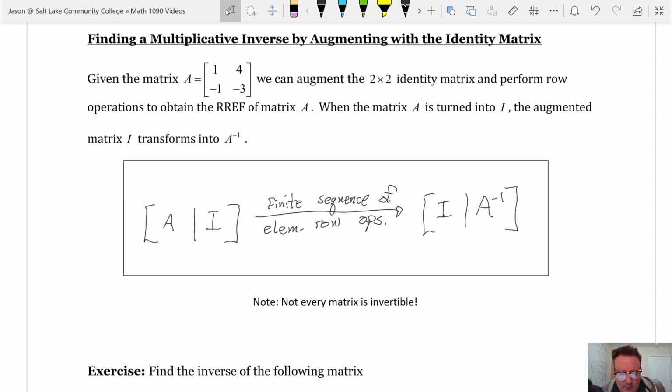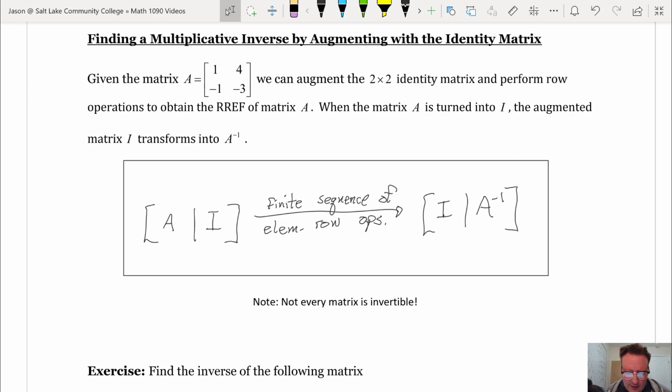Given the matrix A, we can augment with the 2 by 2 identity matrix and perform row operations to obtain the reduced row echelon form of matrix A. Now, when the matrix A is turned into I, the augmented matrix I transforms into A inverse. That's probably a little hard to follow, so I've written a little diagram below.